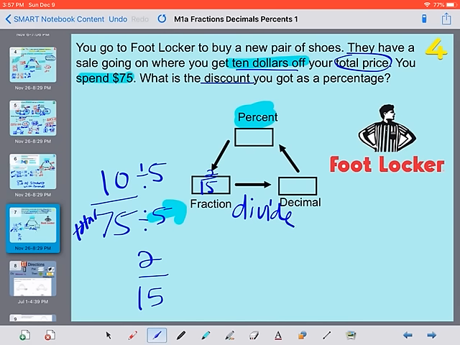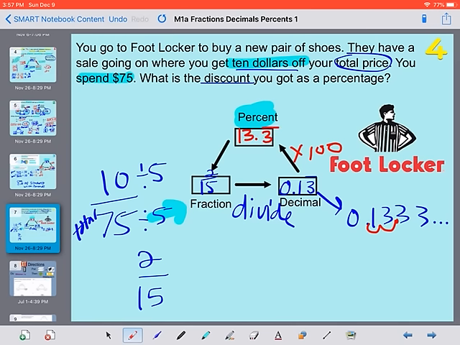2 divided by 15 is 0.1333333 repeating. So this decimal goes on and on and on. There's lots of 3's. So when we multiply by 100 to get to our percentage, we're moving our decimal 2 times. So we get 13.333333 repeating.